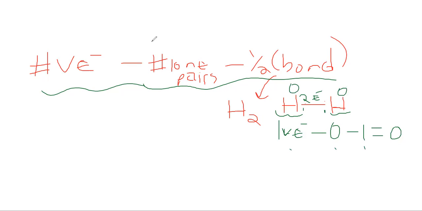But let's say, what if this was a double bond here? Well, it would be the same type of deal. It would be 1 valence electron minus 0 lone pairs minus, but now you would subtract 2 because you're getting 1 from each bond. You don't have to think of it that way.